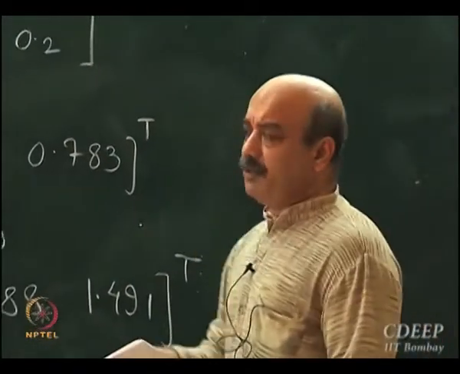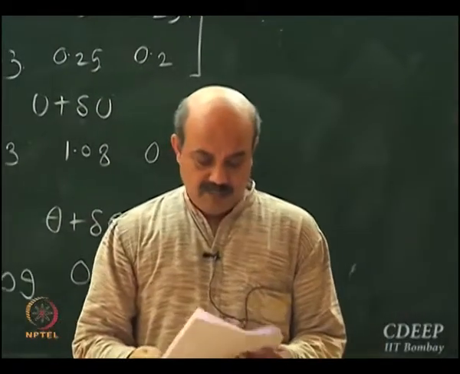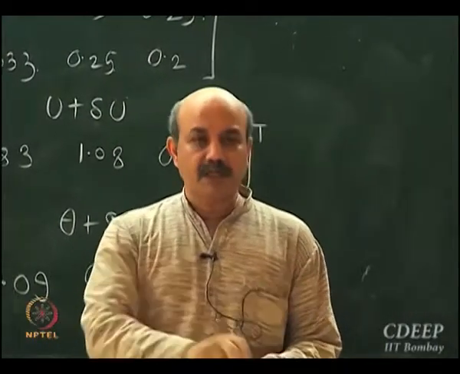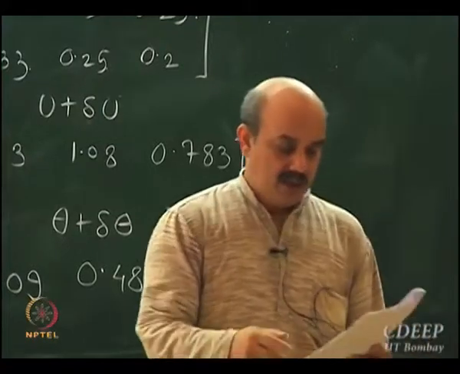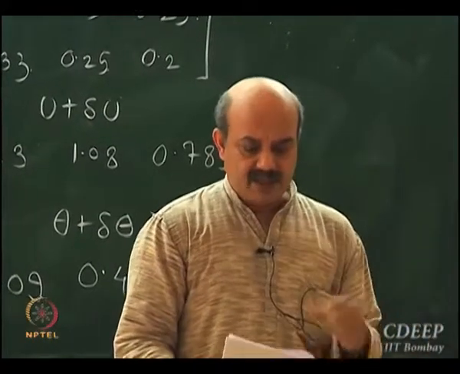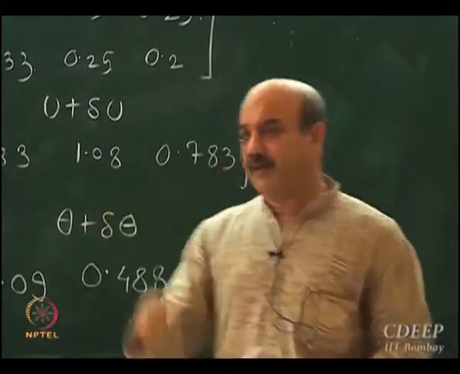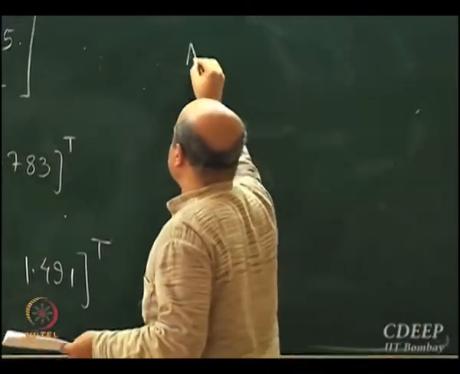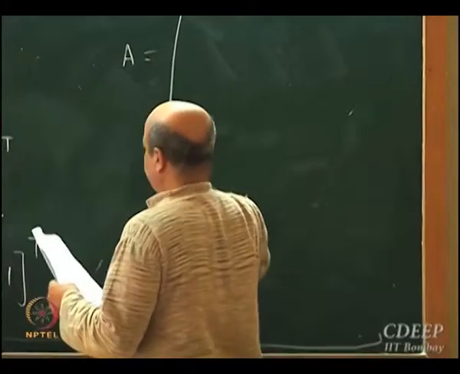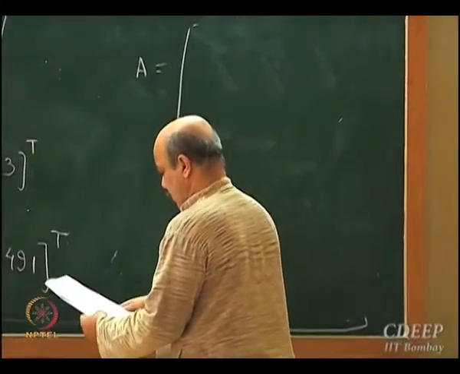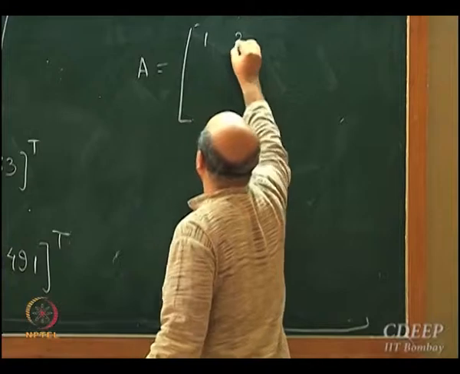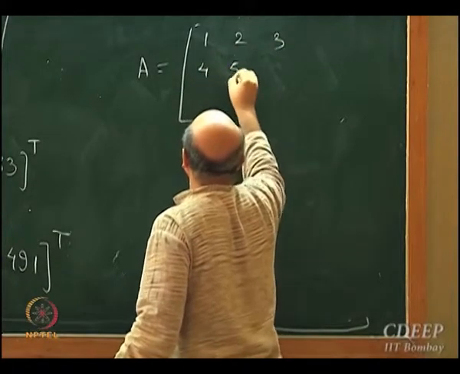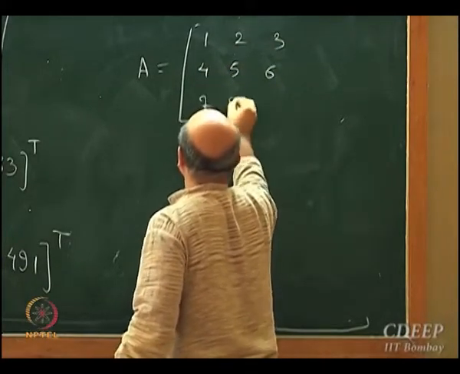So there is one more example which I have given here. I will not write the numbers because they are very small, but I have tried to show in this very simple example, I think I demonstrated this to you, this A matrix: 1 2 3 4 5 6 7 8 9.